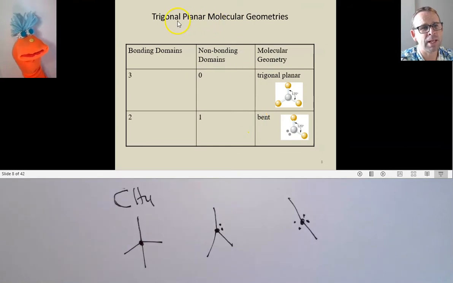If we look at something like a trigonal planar scenario, and we have one region of non-bonding electrons, the resulting molecular shape is a bent molecule with a 120-degree angle there. All right. This region of electron density takes up a little more space, so it might be slightly smaller than 120, but not much because there's plenty of room for that lone pair of electrons.